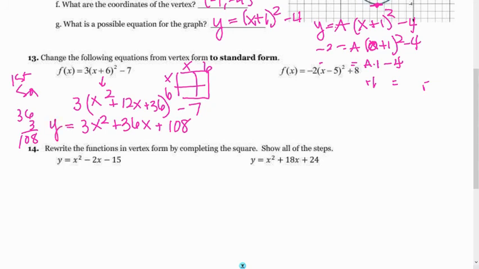One more time over here. First I'm going to FOIL: x squared minus 10x plus 25. And then I need to distribute that negative 2 to everything.